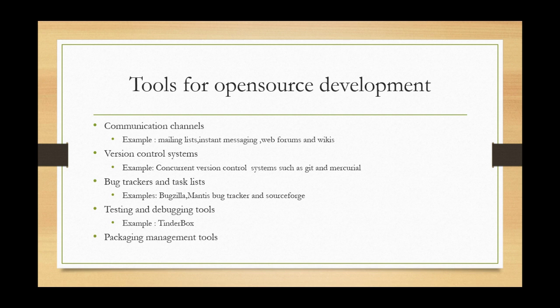Another tool that we need for open source development is a testing and debugging tool. Since open source software projects normally undergo frequent integration of source codes, tools that help to automate the testing during system integrations are very important and very needed. For example, we have what we call a tinderbox.